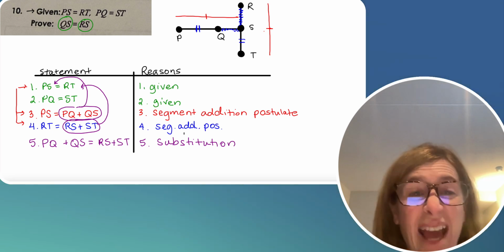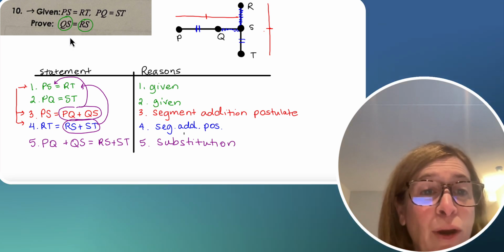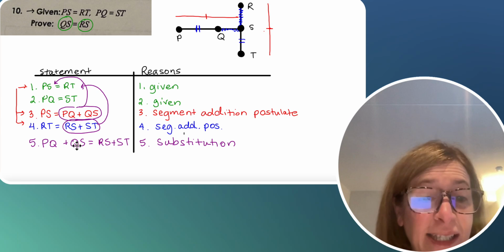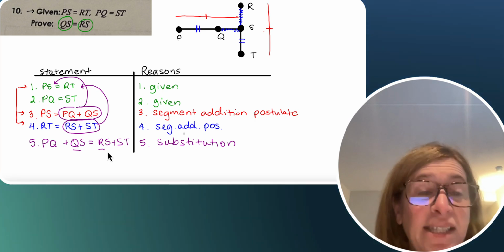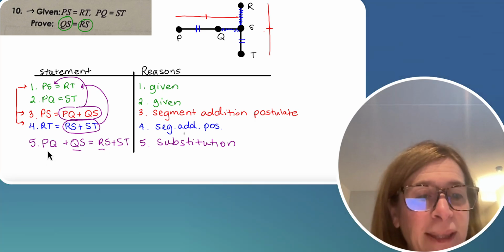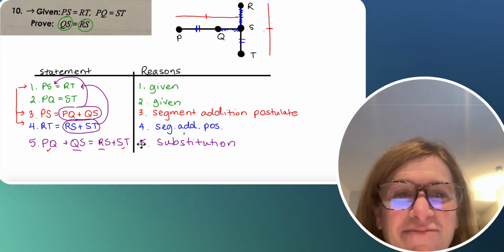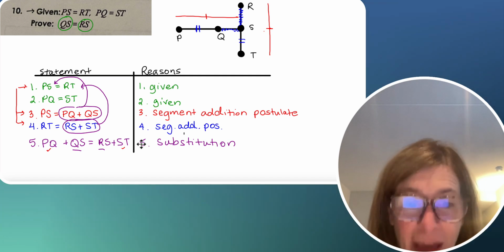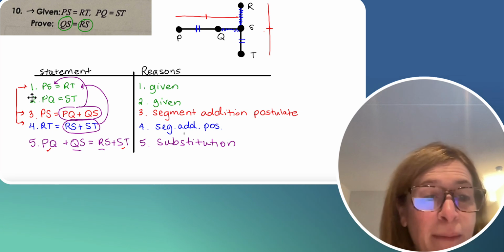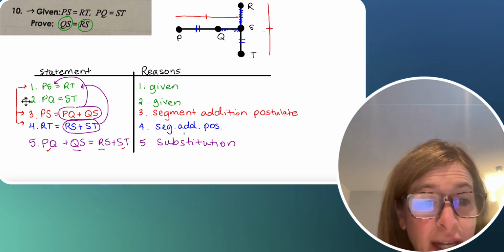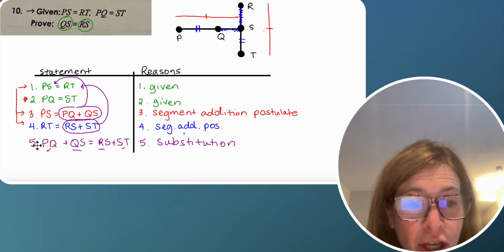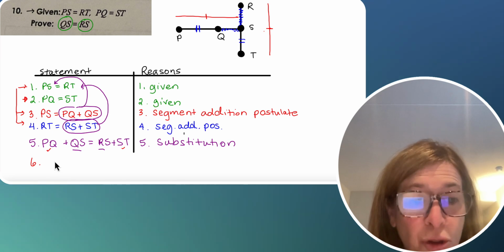Okay, so now our goal, if you remember, was to get QS equaling RS. I have them on opposite sides of the equal sign, but PQ and ST are in the way, so I have to get rid of them. To get rid of them, they have to be equal to each other, which in line 2 they were. So I can just subtract them.